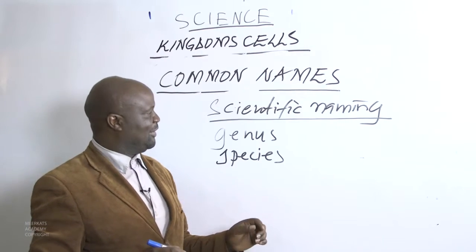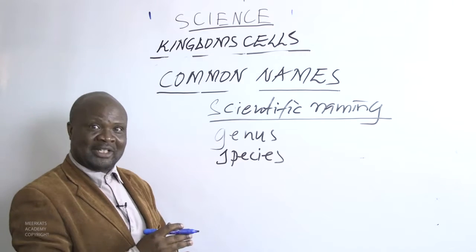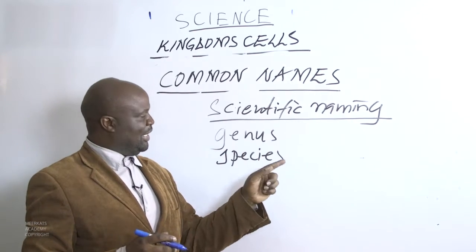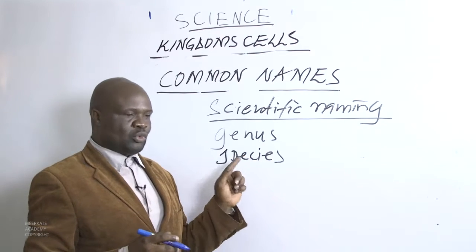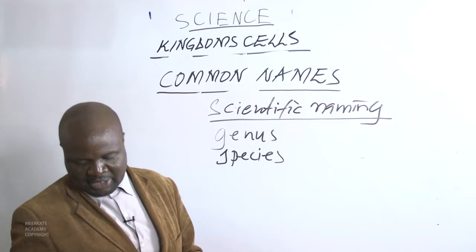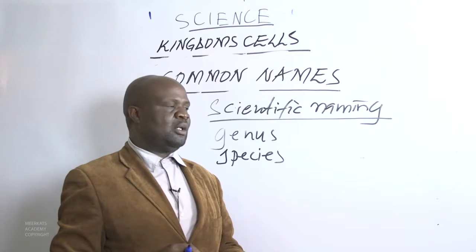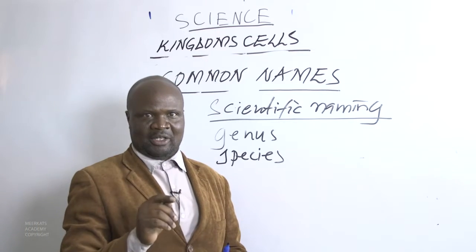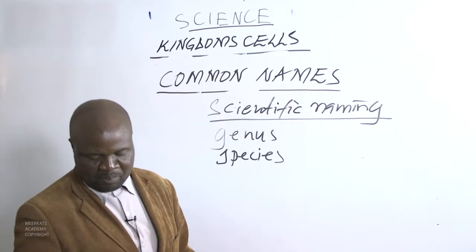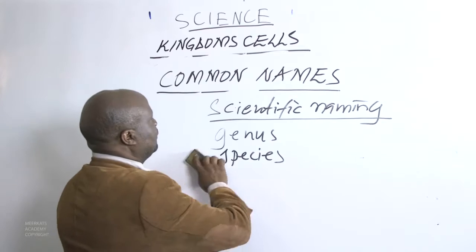We shall have an example so that we understand what is happening. If you are writing, you will have to underline to ensure that whatever you're writing is a scientific name.